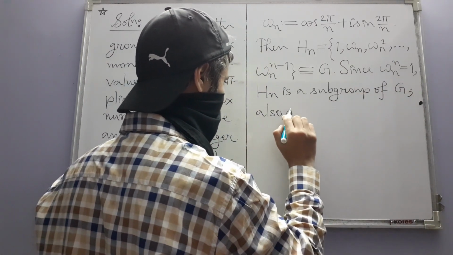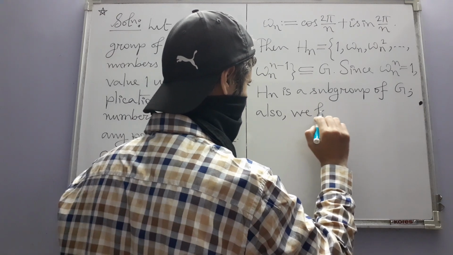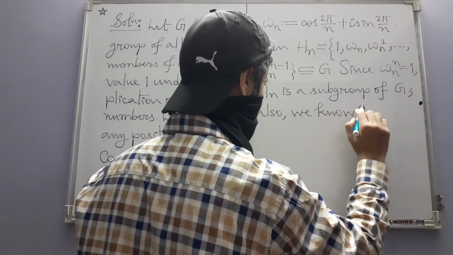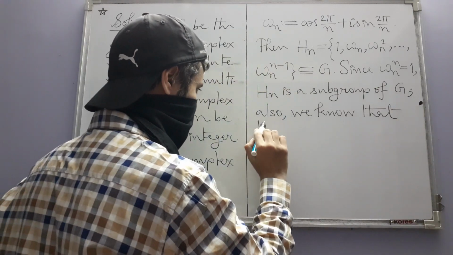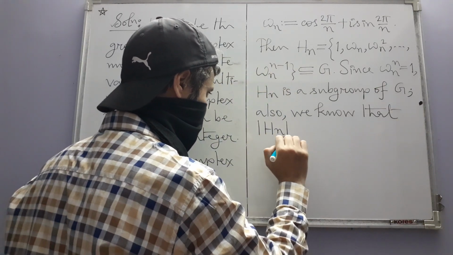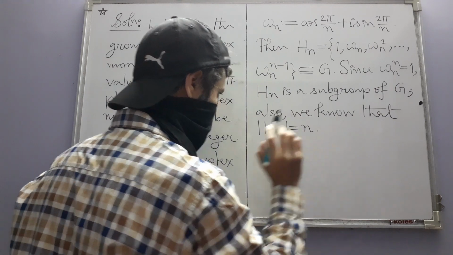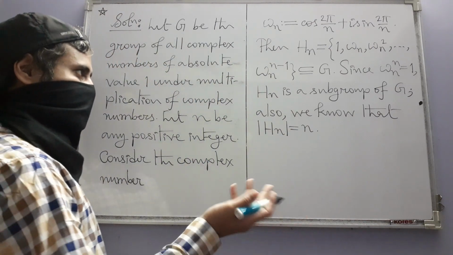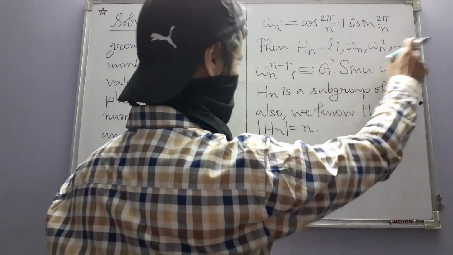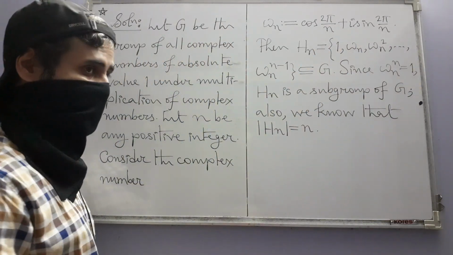Also, we know that the order of Hn is n. Well, you can say that I can see that the order is n, but that is not necessary, no?